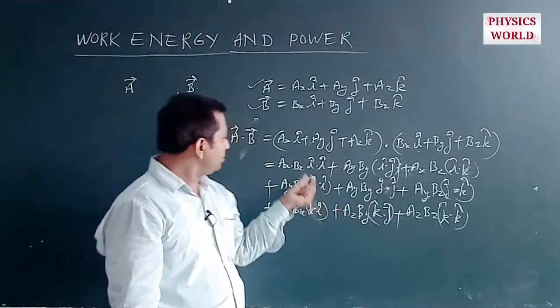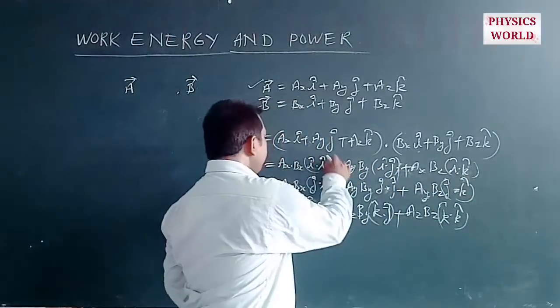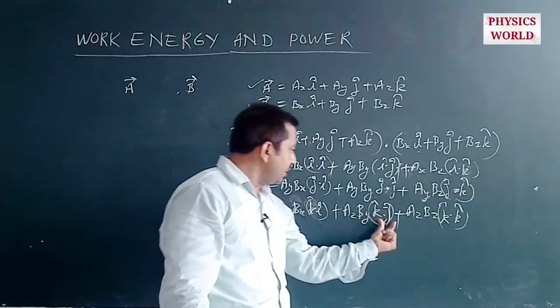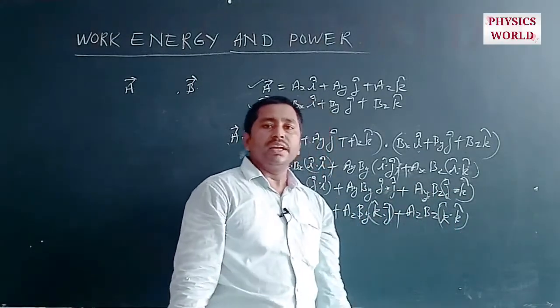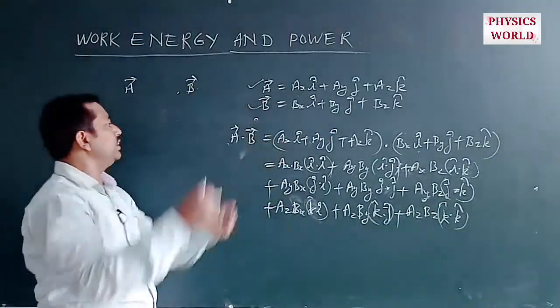What will be the value of this i dot i, i dot j, i dot k, and j dot i, j dot j, j dot k, k dot i, k dot j, and k dot k? It can be easily obtained by applying some simple concepts like this.